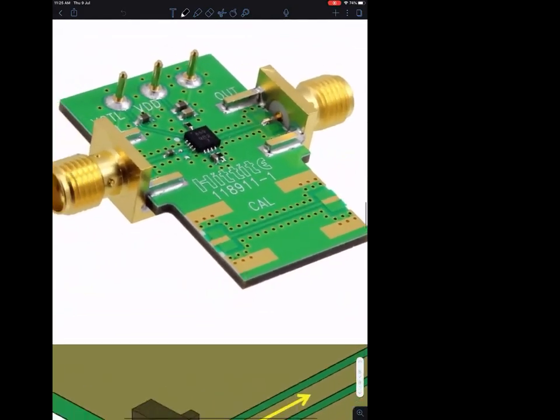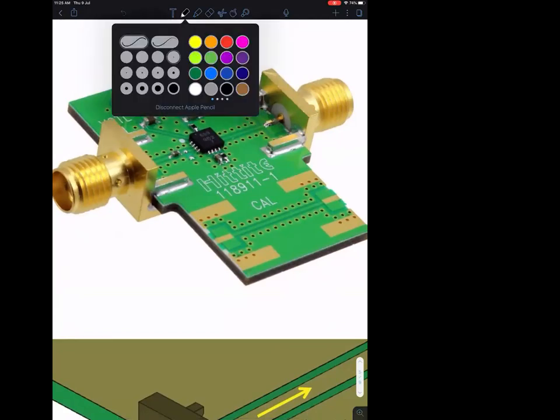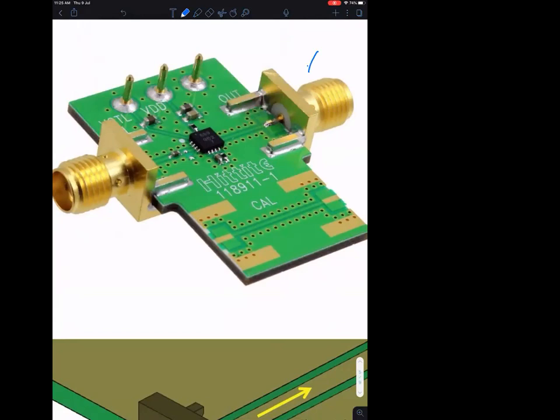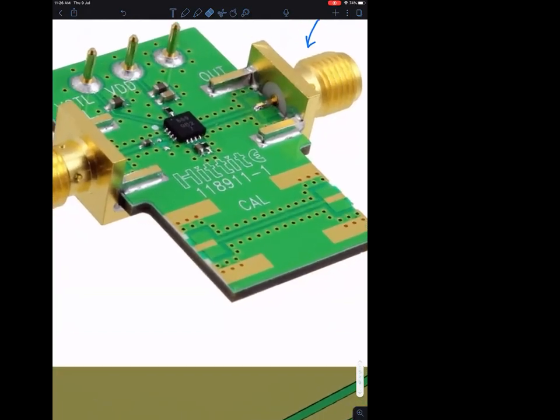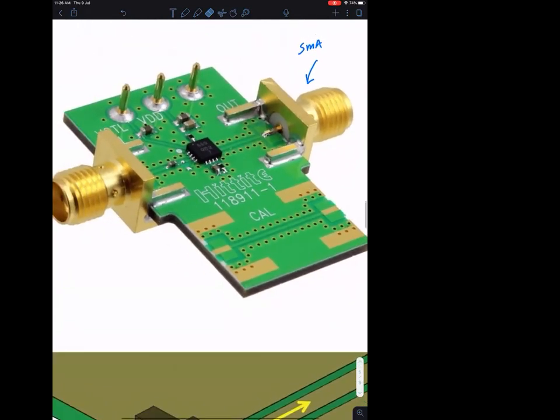Okay, when you come to microstrip, you guys have seen this before. This is the SMA connector. This is some kind of a chip, I think. The thing to note here is when you solder, maybe one of them is the input, one of them is the output.